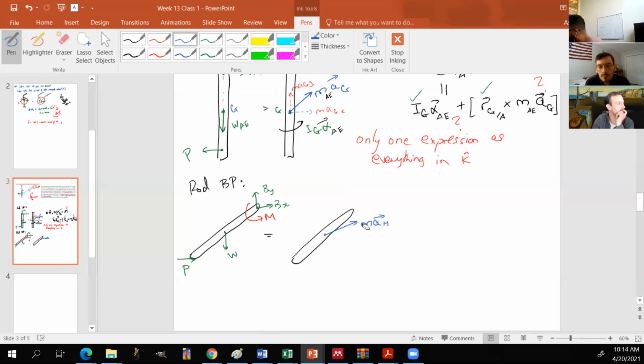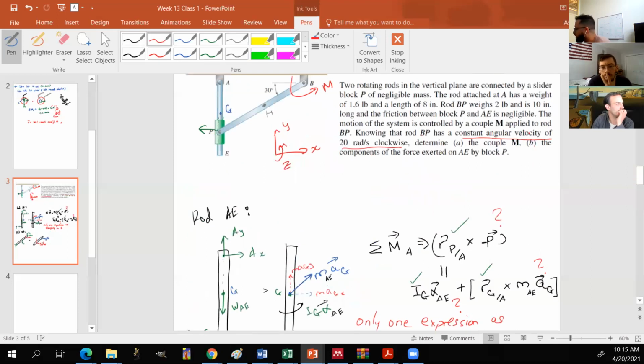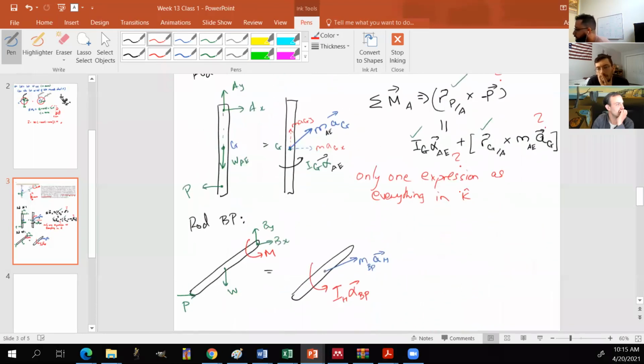So you have mass of BP times a_H, and then you have your I_H times alpha_BP. But one simplification we can do: we're told that the rod BP has a constant angular velocity clockwise. So this alpha term is 0. So that term is just equal to 0.